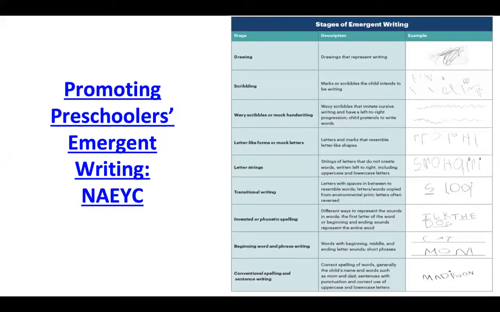There's a resource that when I put this in the folder at the end of our session, this is a hyperlink. If you need to look at some ideas of the progression of writing in preschool, the NAEYC has this really nice one too.